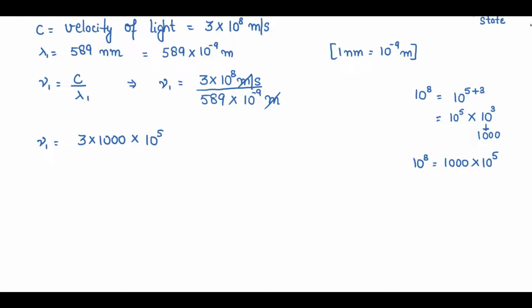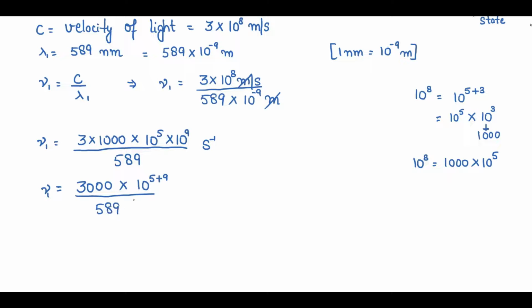Now this 10 raised to power minus 9 is in denominator. When I'll take this value in numerator, it will change its sign, right? Divided by 589, right? Unit I am having second inverse only. Now 3 into 1000, it will be 3000 into, these two powers are in multiplication, so you can simply add them. 10 raised to power 5 plus 9 divided by 589 and units second inverse, right?